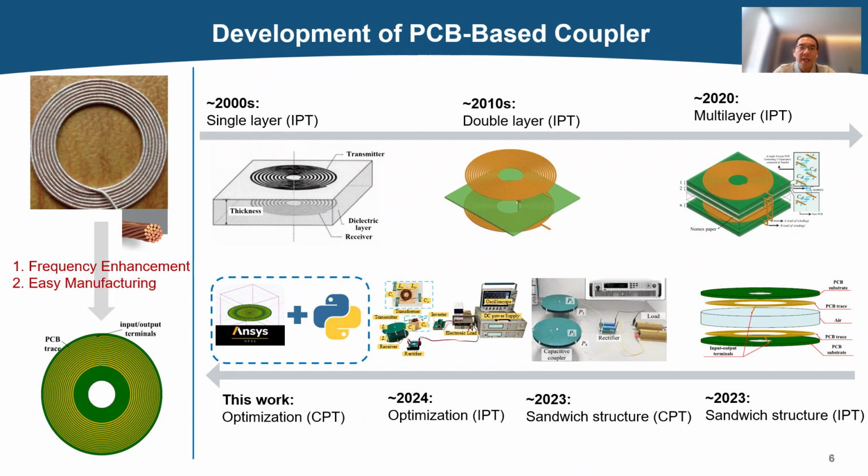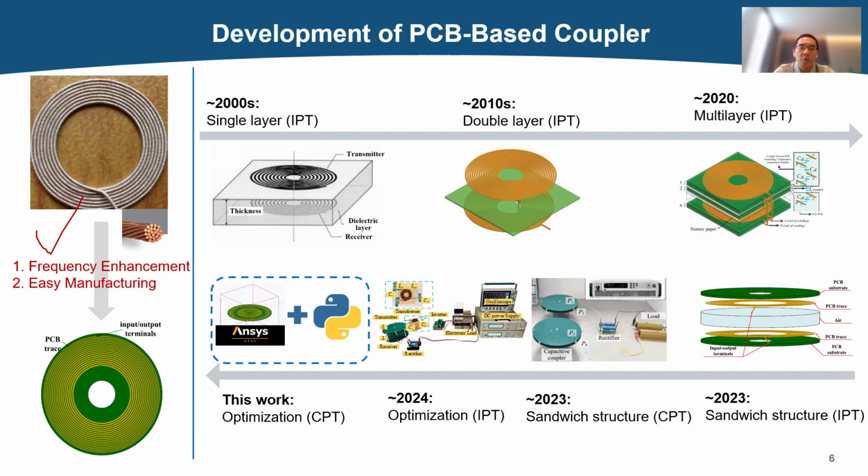This slide presents the development roadmap of PCB-based couplers. These couplers were originally designed for IPT systems operating at megahertz frequencies, where conventional lead wires tend to suffer from poor quality factors within that frequency range. In the early 2000s, single-layer PCB-based couplers were introduced as planar transformers.